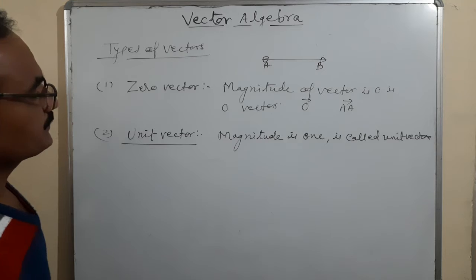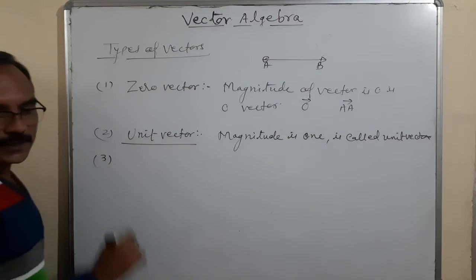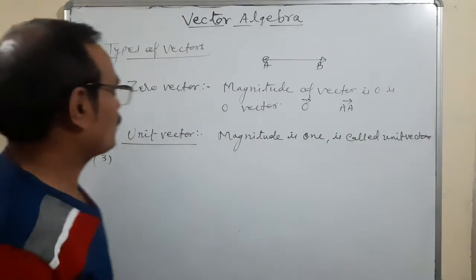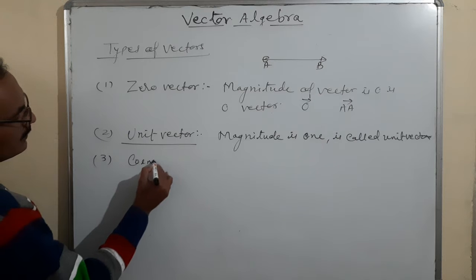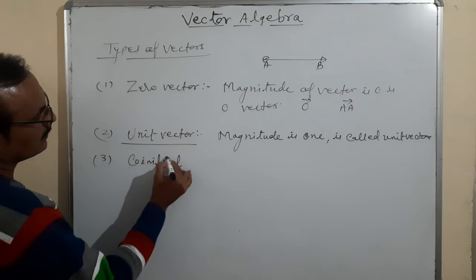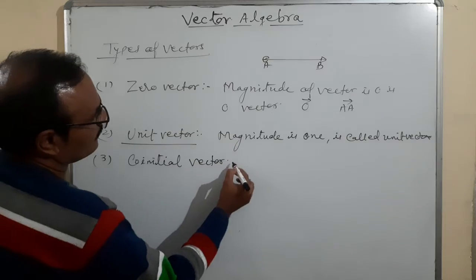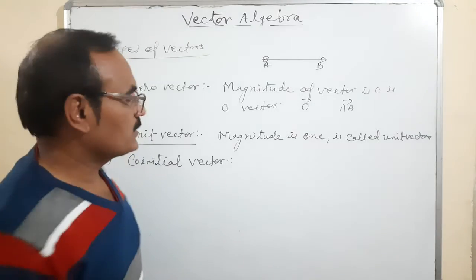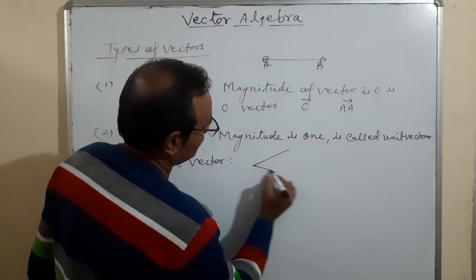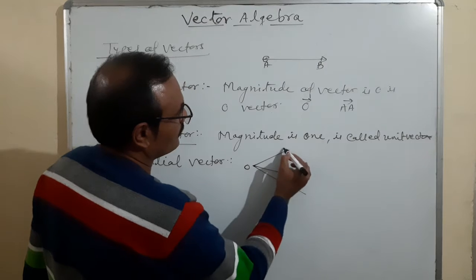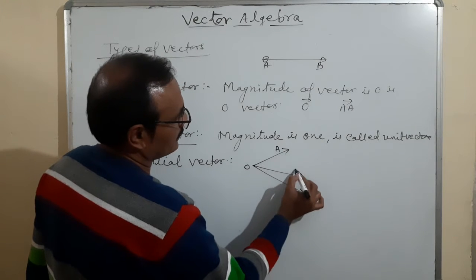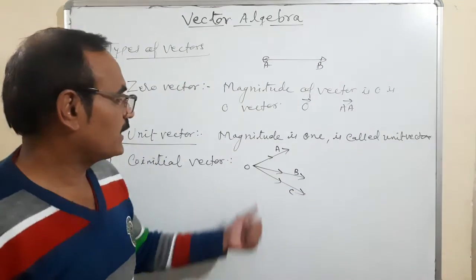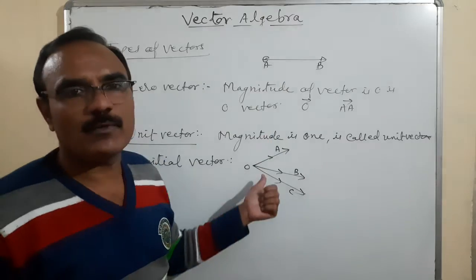After that, third one is called co-initial vectors. The vectors which start from the same initial point. With the help of this example, O, A, B, C. These are called co-initial vectors because their initial point is the same.